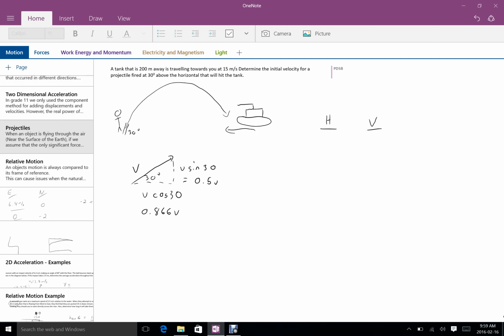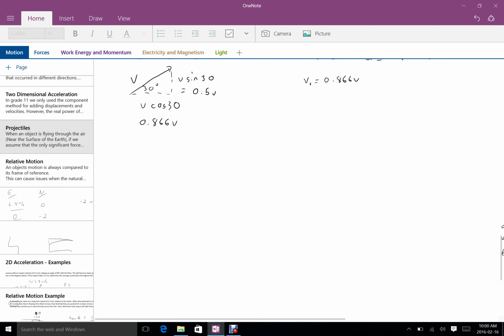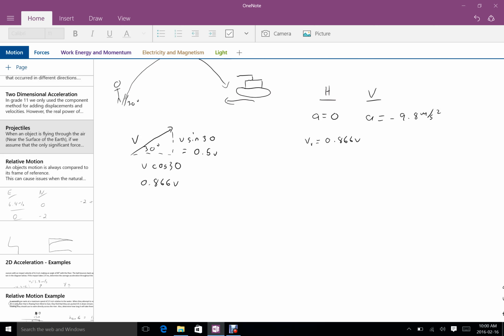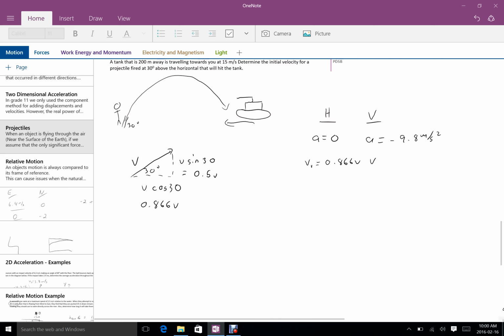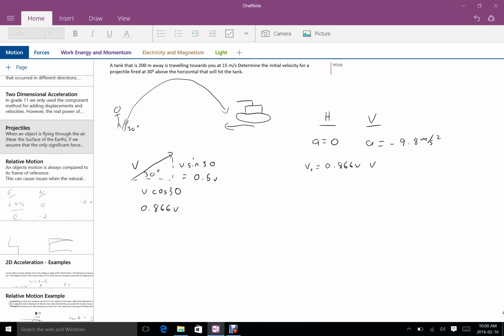Assuming that this is a projectile, the acceleration in the horizontal direction is 0, and the acceleration in the vertical direction is negative 9.8 meters per second squared. The initial velocity in the horizontal direction is 0.866 v, and in the vertical direction is 0.5 v.